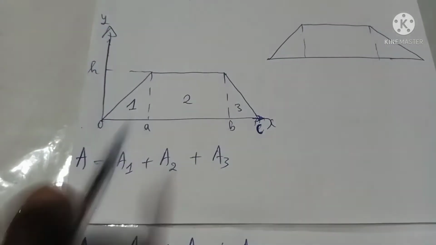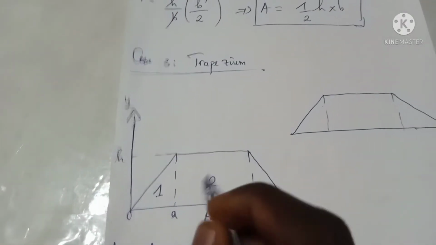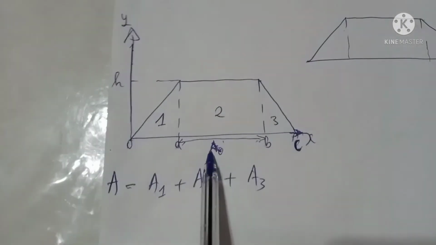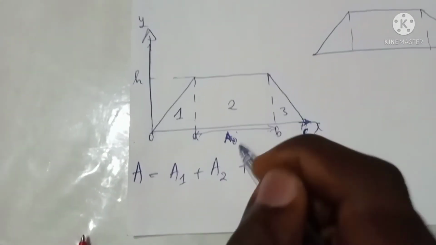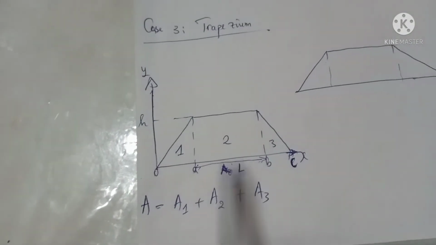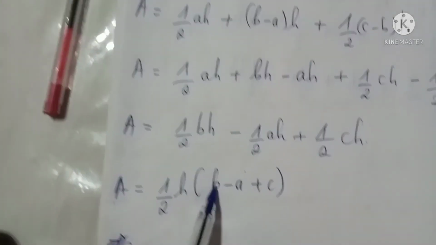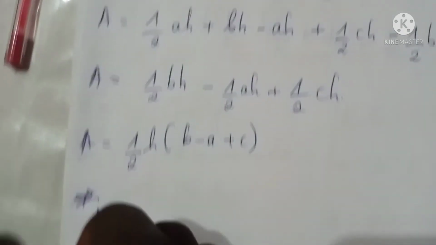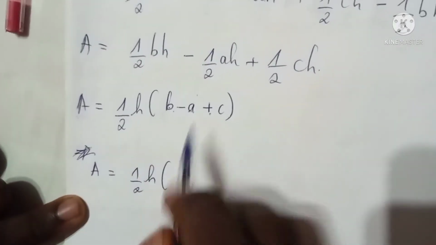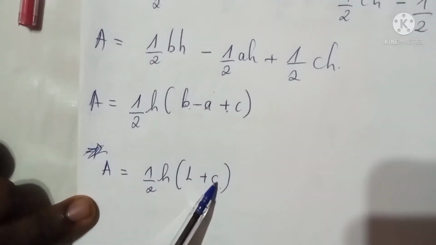Since we have an A, which is our area, we are not going to use A again here, so it's better we use L. So we say the distance from a to b, which is b minus a, is L. So area is equal to half h into L plus c. Now what is our c?